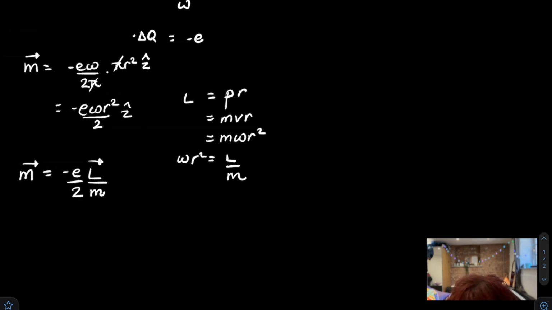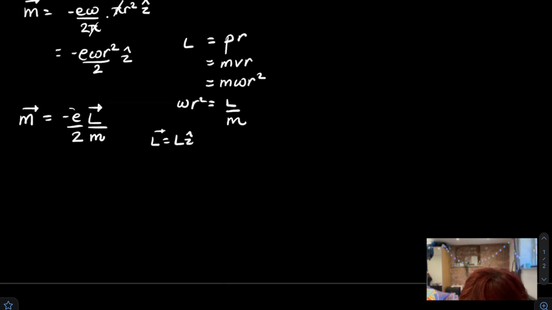And of course, angular momentum is a vector, and in this case they will both be pointing in the z direction. And if both are pointing in the z direction, then we can say that L as a vector is equal to L z hat. So therefore we can just vectorize this angular momentum. And this ratio, this minus e over 2m, is known as the gyromagnetic ratio and is often given the symbol gamma.